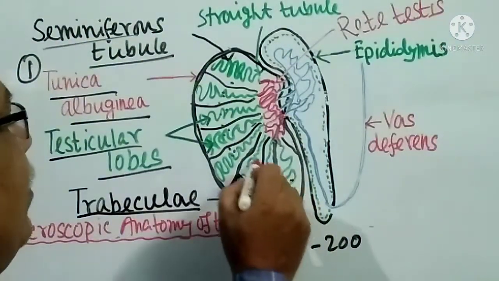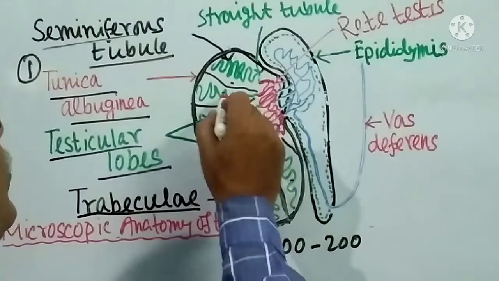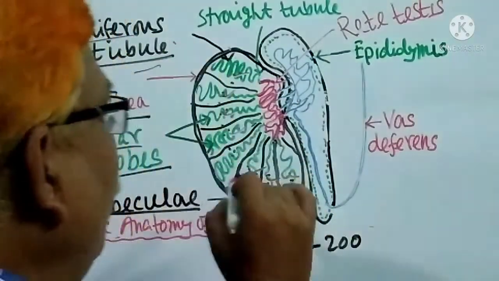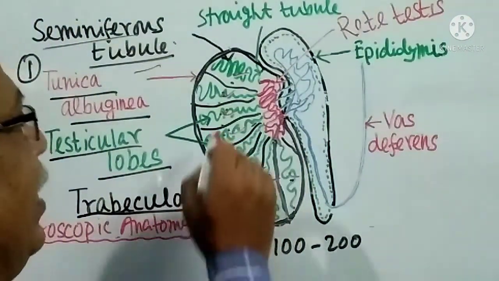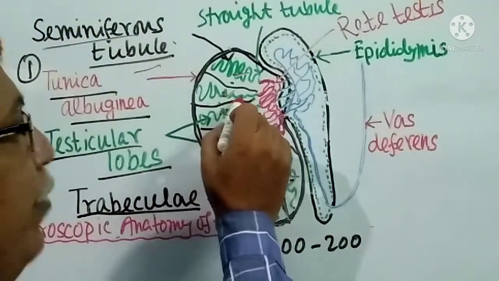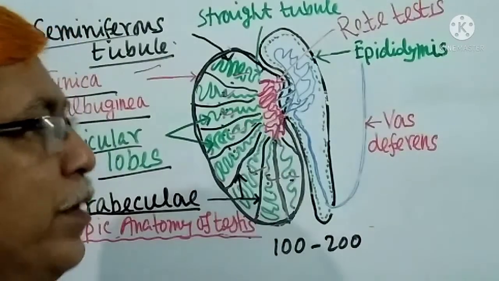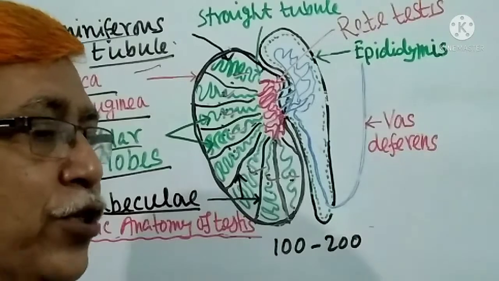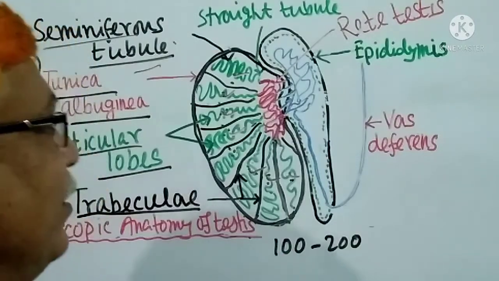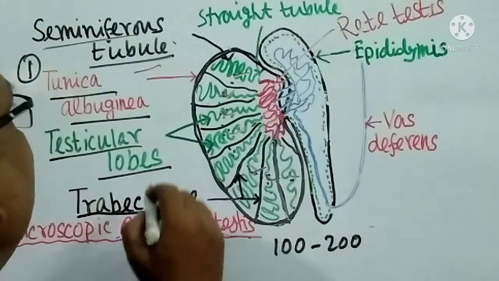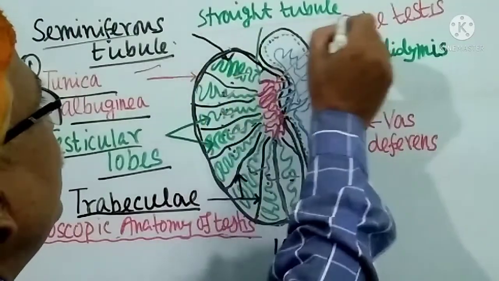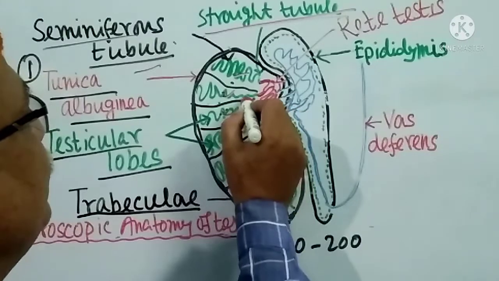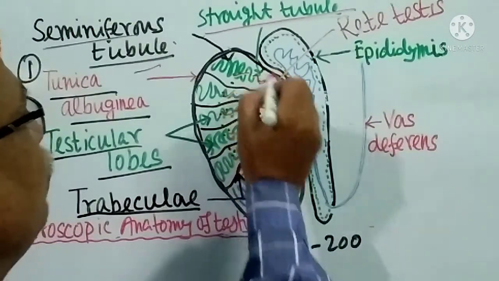So these are seminiferous tubules. Now look at this diagram. The distal end of the seminiferous tubules unite to form a straight tubule. These are straight tubules.